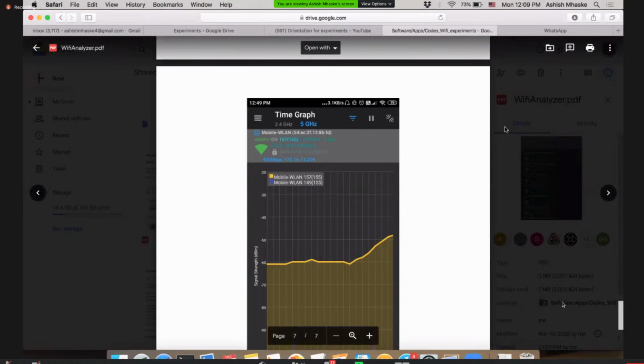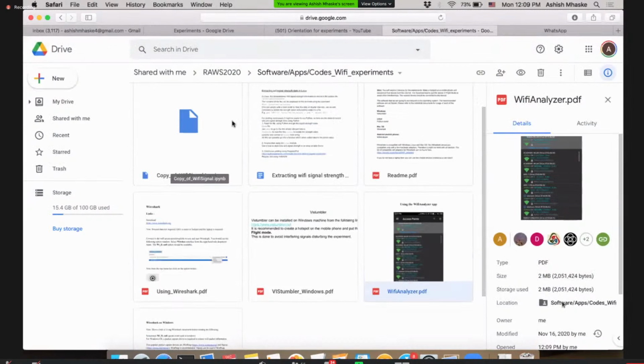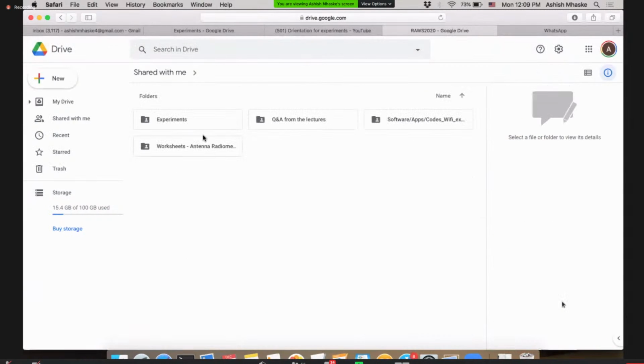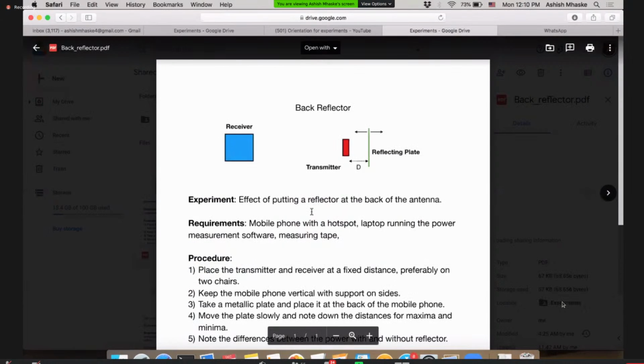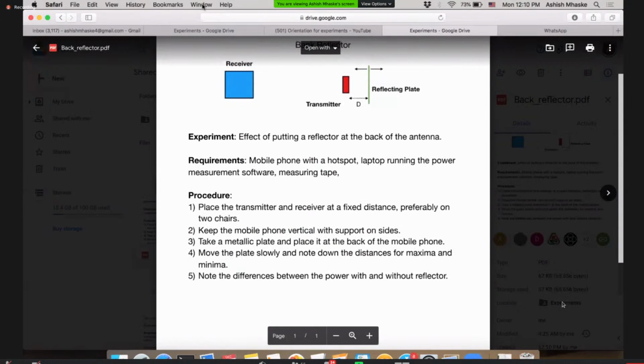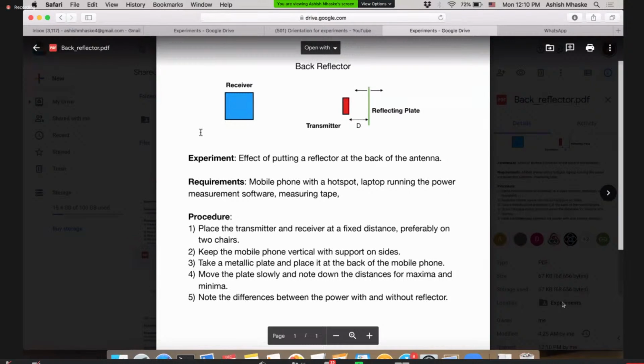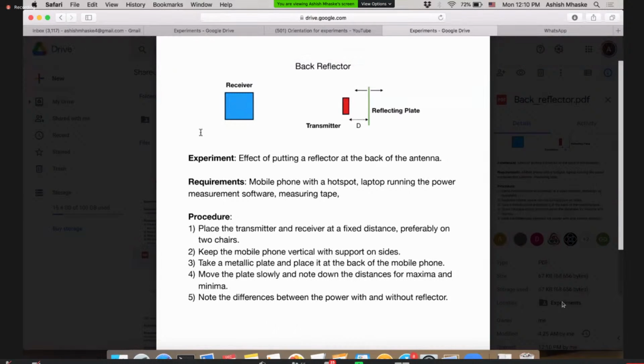In fact, a simple back reflector, the reflector at the back of the transmitter, which ideally should be at lambda by 4 distance for better reflection, can be used to find out the wavelength. That is true. Initially, you might want to try that out and convince yourself that indeed you're looking at that wavelength.